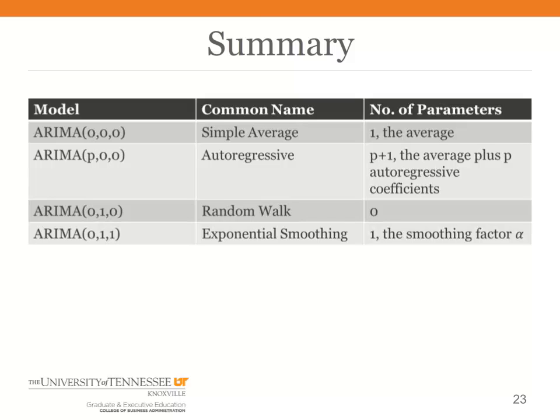It has to have the average plus P autoregressive coefficients. And then you have the ARIMA 010, which is the random walk model, and it has 0 parameters. And then you have exponential smoothing, which is ARIMA 011, and it has only 1 parameter, which is the smoothing factor.